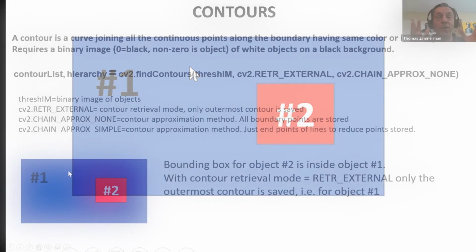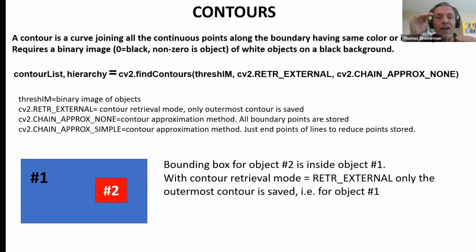And so contours is smart enough, it can give you a hierarchy and say, oh, object number 2 is inside number 1. We don't have to deal with that complexity, but for full disclosure, contours will do that for you. It'll give you a hierarchy of objects in objects.